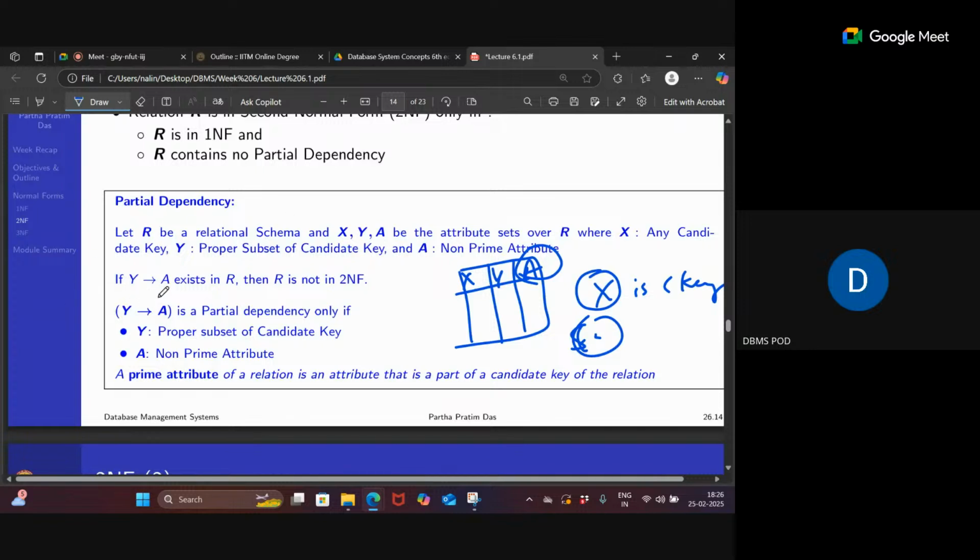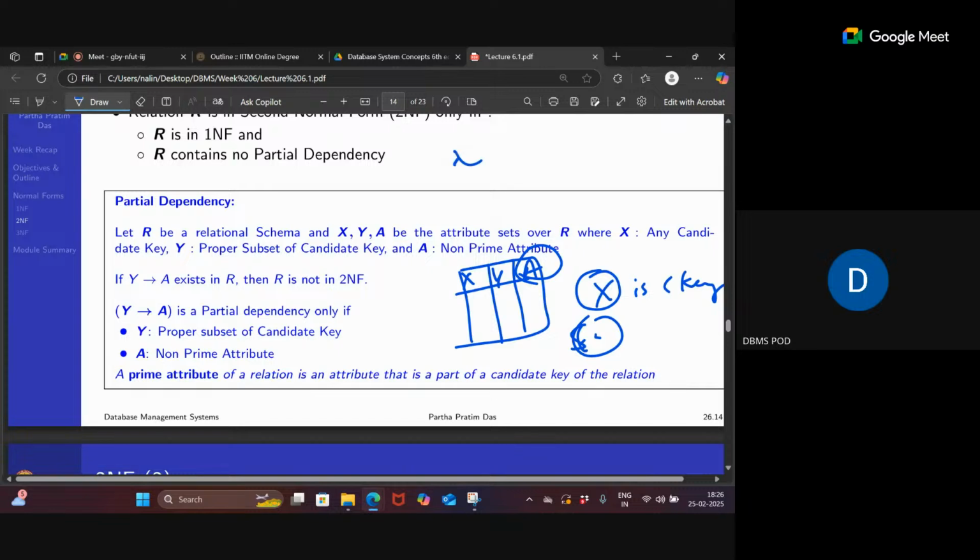So that means A is not present in any candidate key. So if Y determines A exists in R, then R is not in 2NF. So here Y is part of the candidate key, and if it is determining any other non-prime attribute, then we can say R is not in 2NF. So let us take the example here.